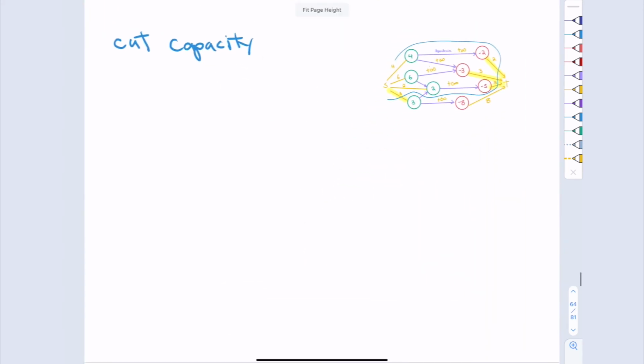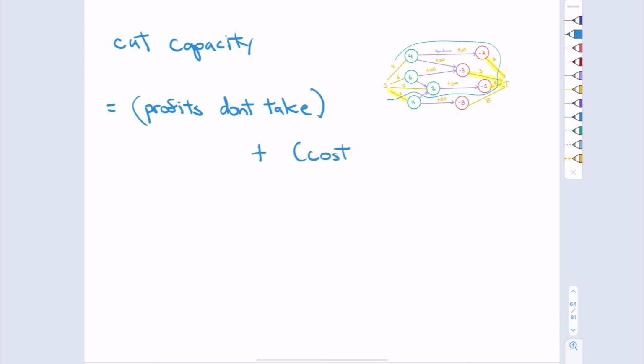Okay, all right, so the capacity of a cut is equal to the profits we don't take, the profits we leave out, plus the costs that we do take of the costly projects.